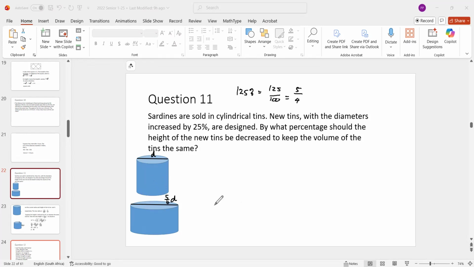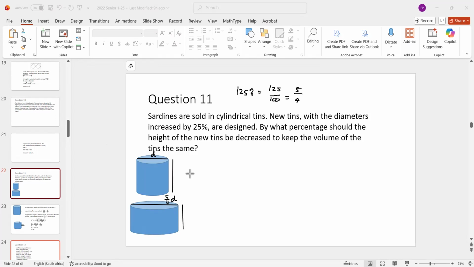Right? It's 25% more. Now, they say, by what percentage should the height of the tins, so you have a height, this height is a little smaller.